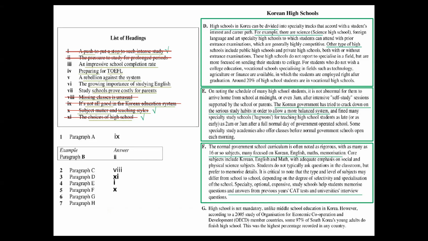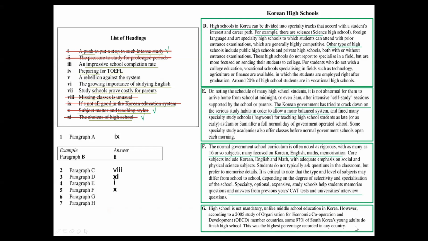Okay, Mr. Anam, could you please explain the last paragraph? Paragraph G, I think that the answer is number 3, an impressive school completion rate. Yes. Because in the last sentence, this paragraph says that this was the highest percentage recorded in any country. And this paragraph states 97% of South Korea's young adults finish high school.